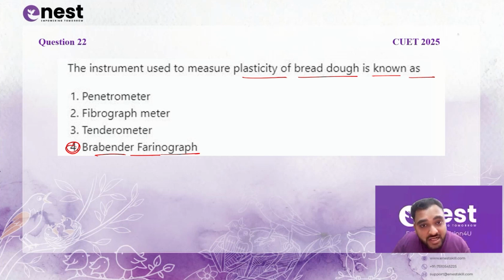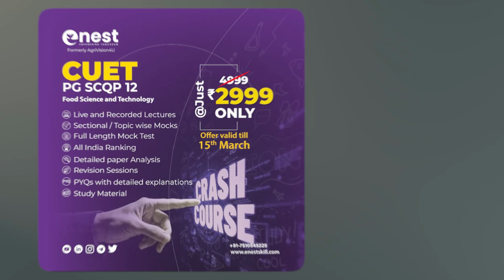The machine measures the torque which is required while mixing, and using that data, it helps you to calculate the mixing time, water requirement, water absorption, and the plasticity. So fourth is the right option for this question.